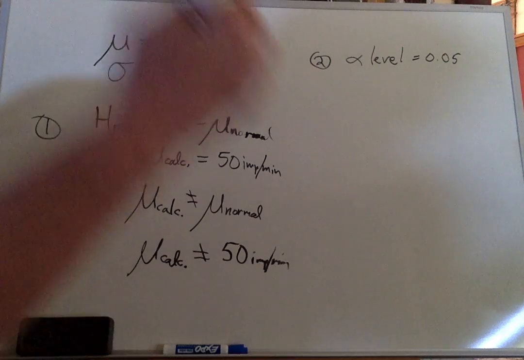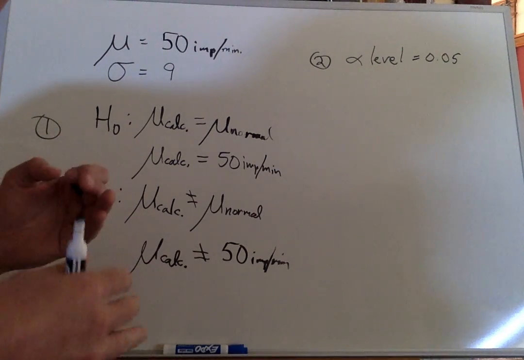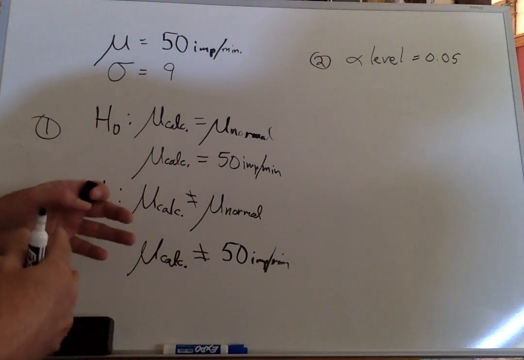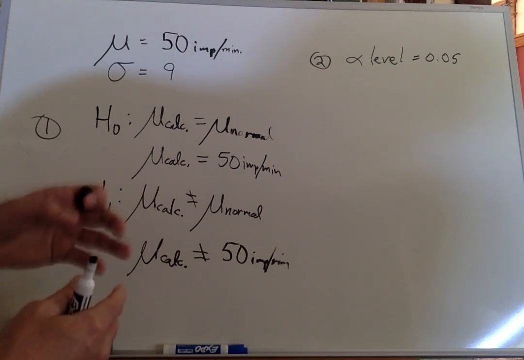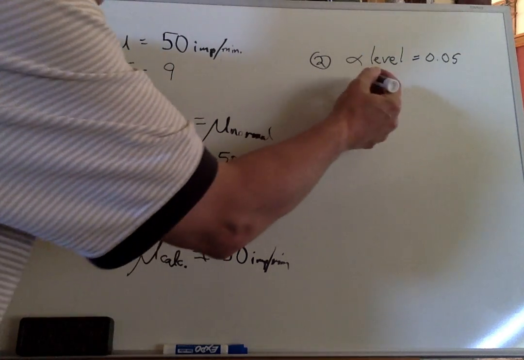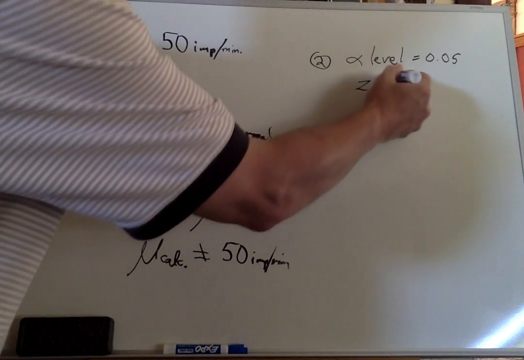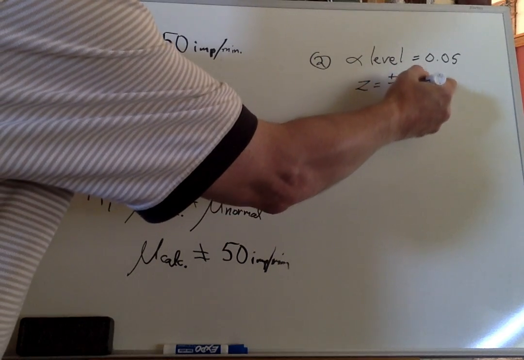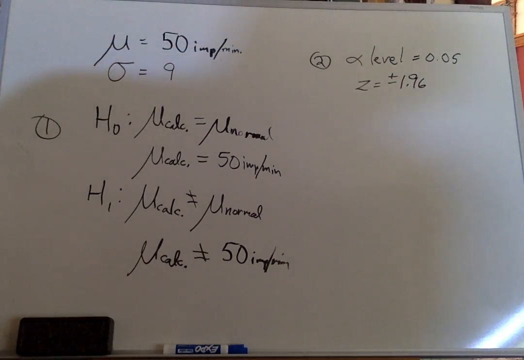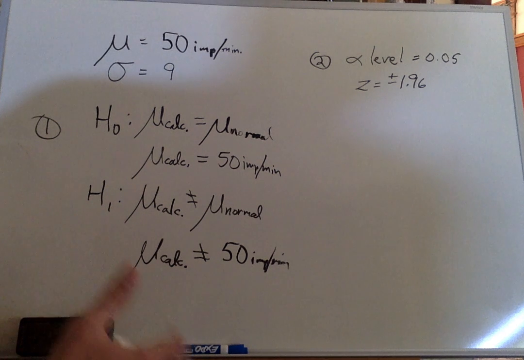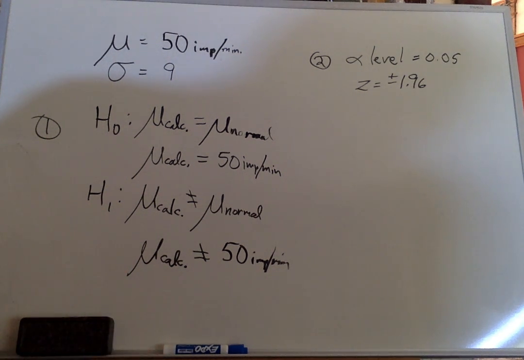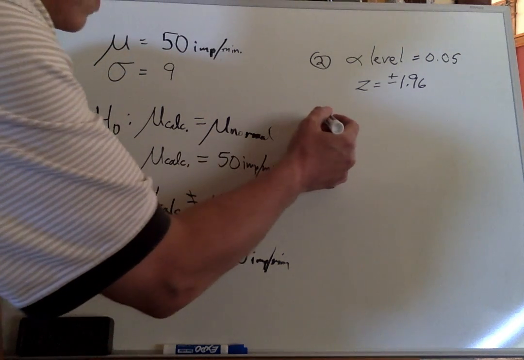If they're in the extremes, then we're going to make an inference that the calcium had some kind of an effect. Okay? And this alpha level is associated with a z-score of plus or minus 1.96. So this should be all review. This is all stuff that we've talked about before. That's why I'm not spending too much time on any of these steps.